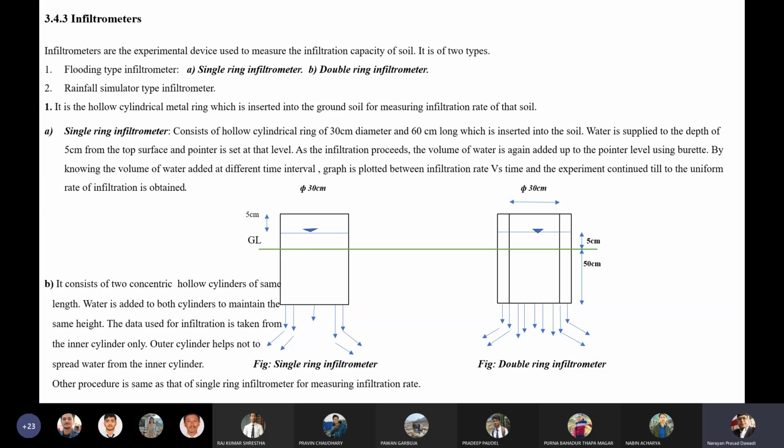That water layer has to maintain the inner water in the vertical direction to be infiltrated into the soil. All other things considered to calculate the infiltration rate are similar to the single ring infiltrometer. Only one infiltrometer consists of a single ring, the other consists of a double ring. Different.